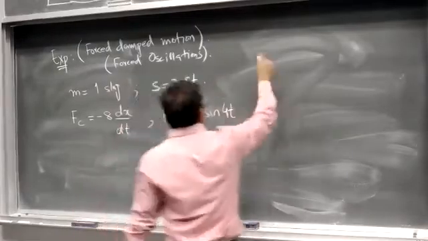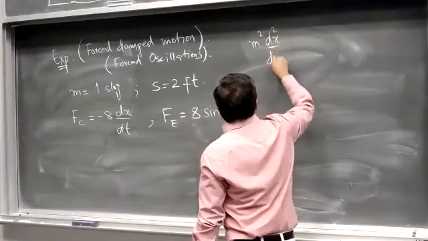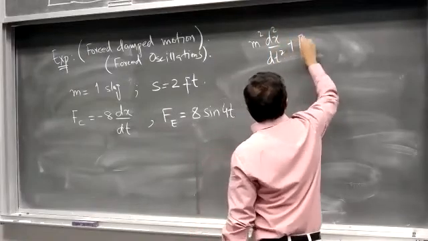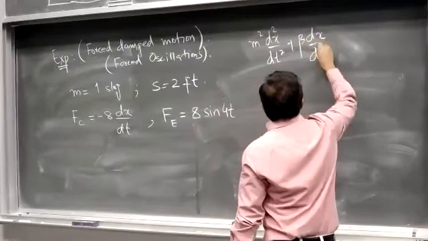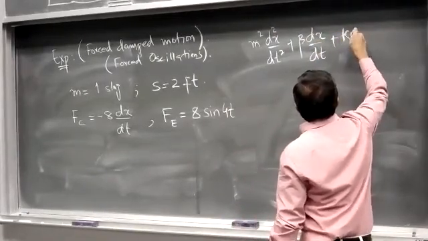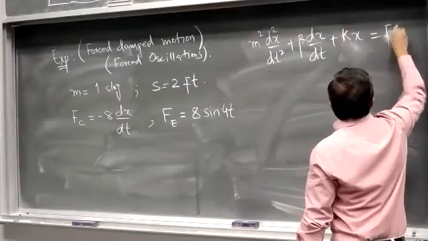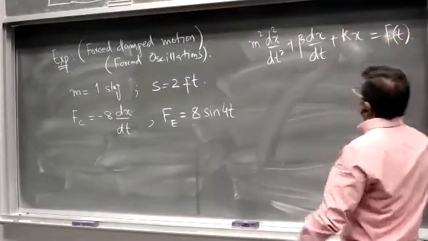We have m d square x by dt square plus beta dx by dt plus k times x equal to f of t, because there is an external force.